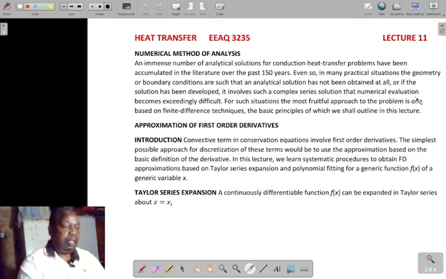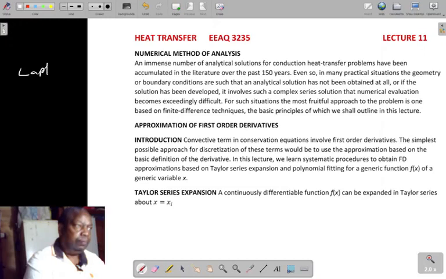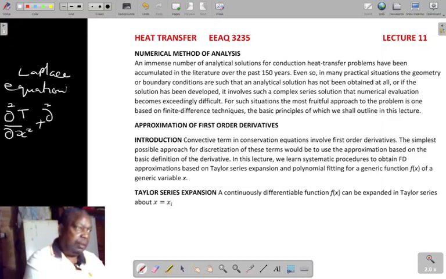The first one, which I would like us to look at for the sake of analysis, is the Laplace equation, whereby we saw that d²T/dx² plus d²T/dy² is equal to 0.